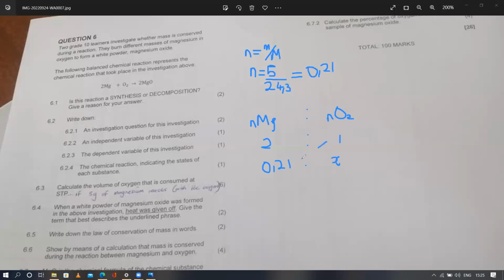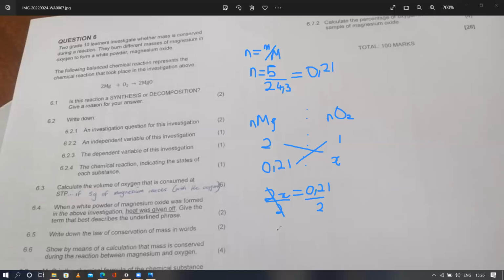So you're going to cross multiply this. You're going to get 2x is equal to 0.21. Then that means you're going to divide both sides by 2. So x is 0.105, or you can say 0.1.